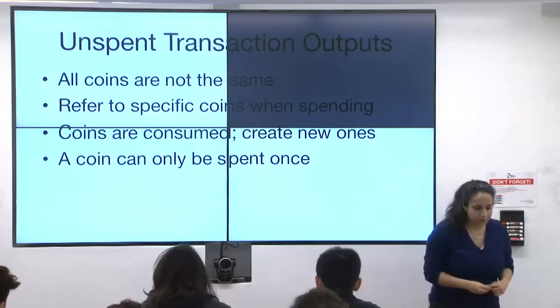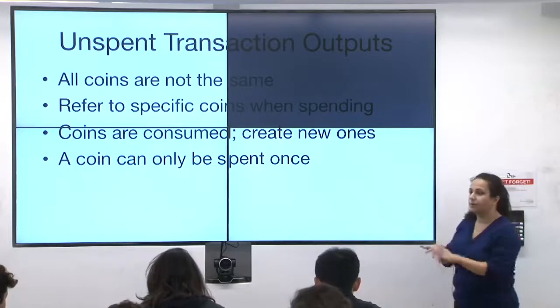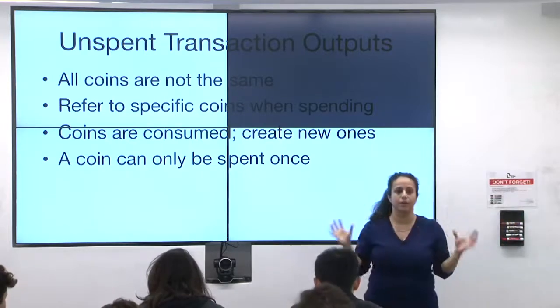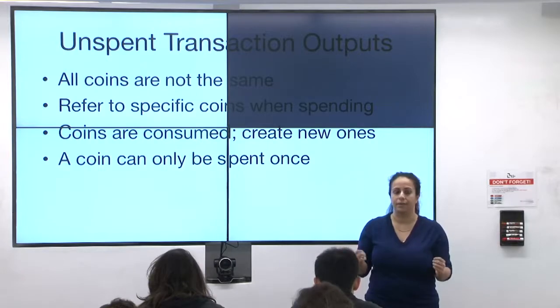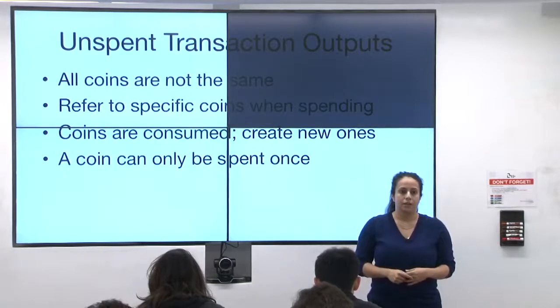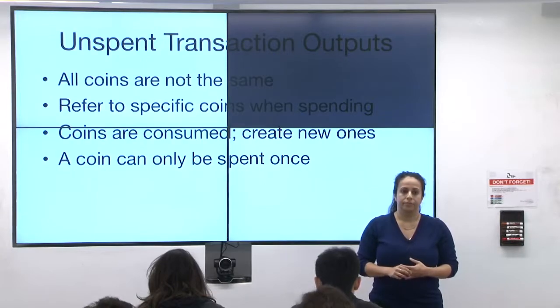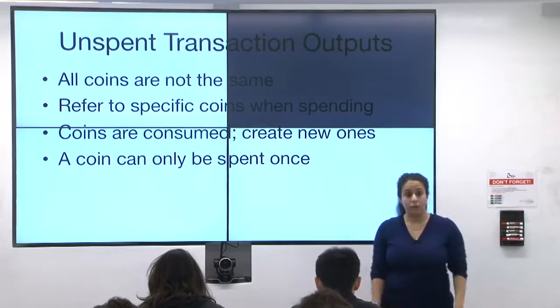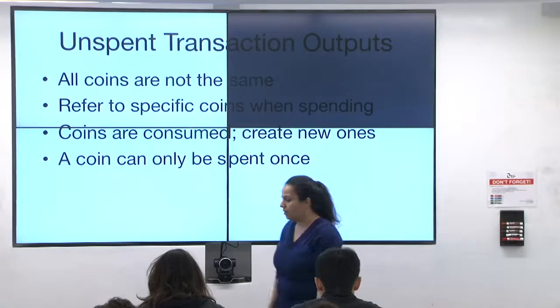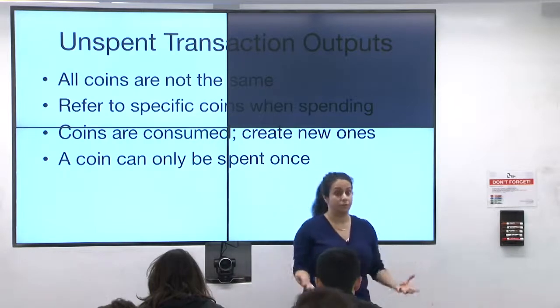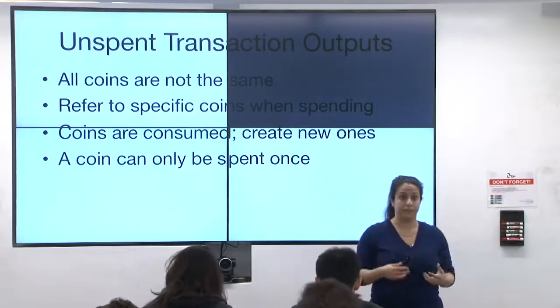So we'll go into exactly what that looks like in a transaction, but I want to know if there are any questions about that idea first. Yes? Aren't coins fungible? So how would you spend, what if you spend a little bit of a coin on some candy or something? Yeah, that's a great question. So the question is, aren't coins fungible? So first of all, coins aren't fungible, actually. They're very specific.